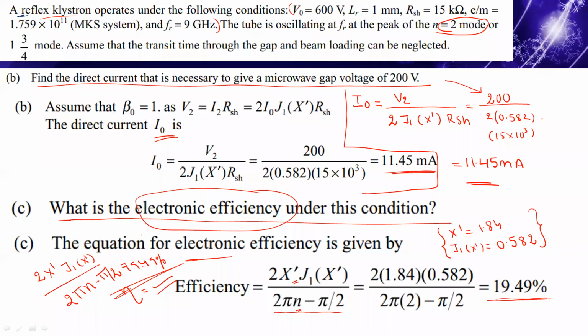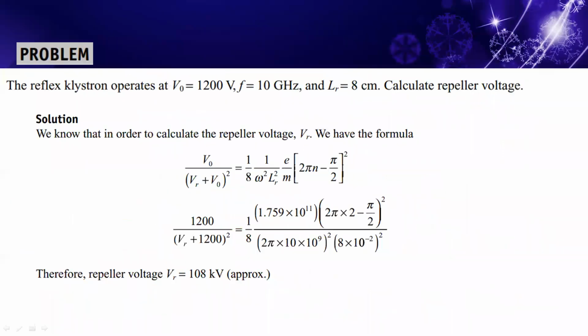So next problem. The reflex klystron operates V naught equals to 1200. So what is the given data? V naught equals to 1200 volt.